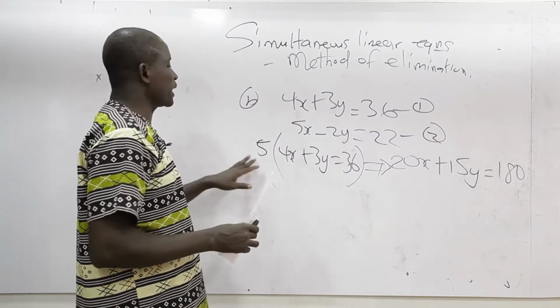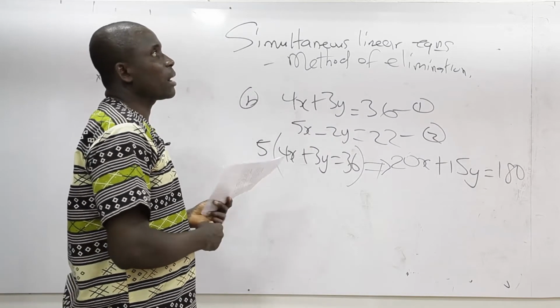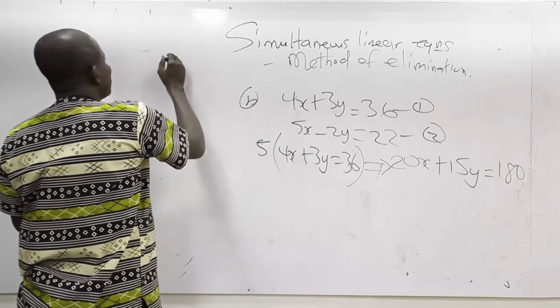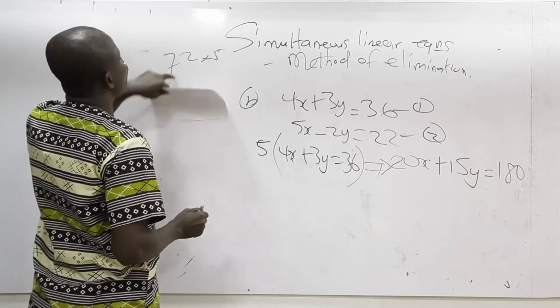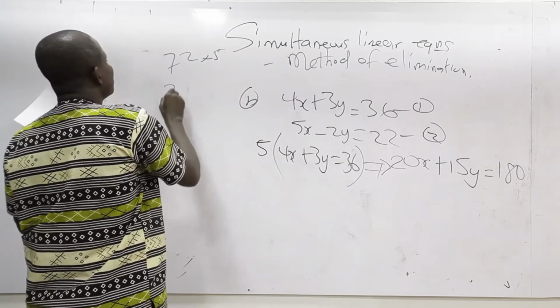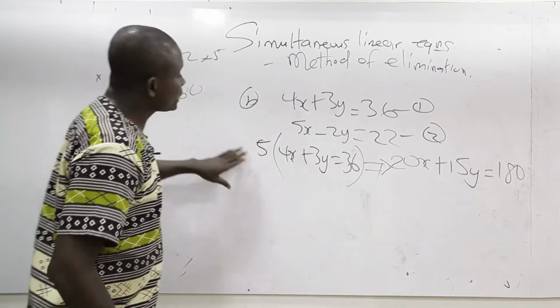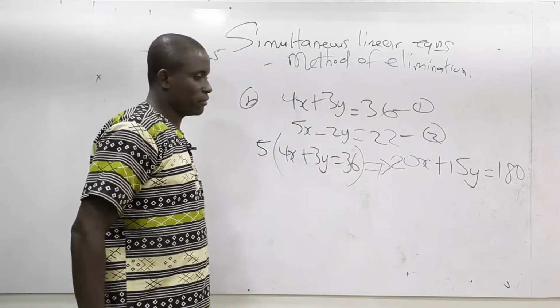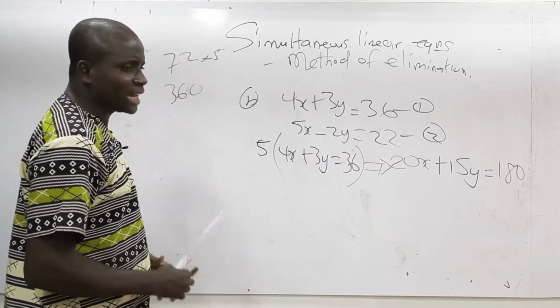Let me show you one trick. Anytime you multiply a number by 5, for example, I want to multiply 72 by 5. Just divide 72 by 2. You get what? 36, then you add 0. I'm repeating. Anytime you are multiplying a number by 5, just divide that number by 2, then add 0 to it.